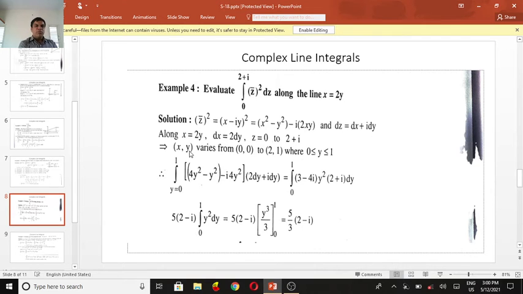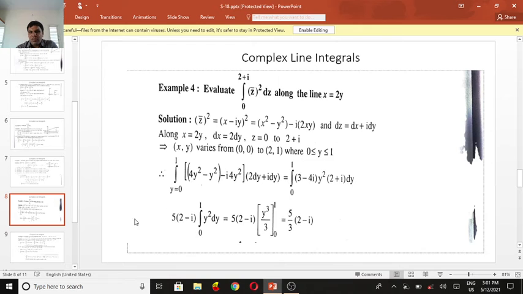Coming to the problem, I am substituting the values. I convert x in terms of y, substituting x equal to 2y, with y varying from 0 to 1. So x square gives 4y square minus y square minus i times 4y square, and dz becomes 2dy plus i dy. Simplifying 4y square minus y square, we get (3 minus 4i) y square (2 plus i) dy.